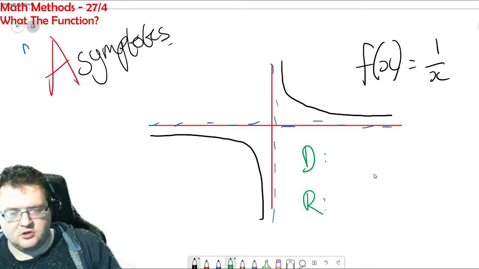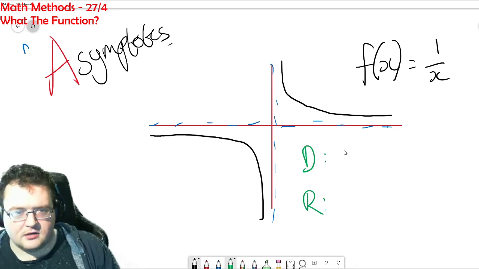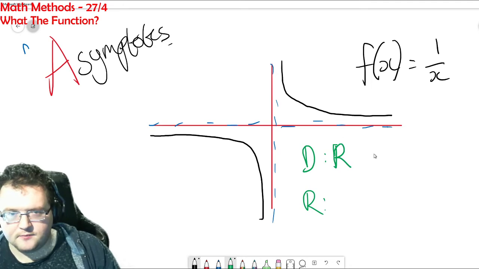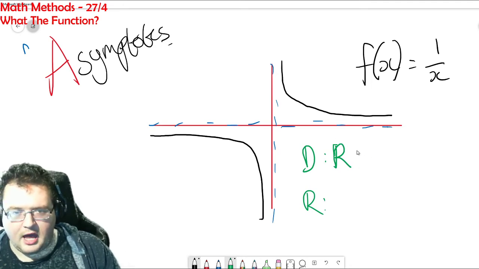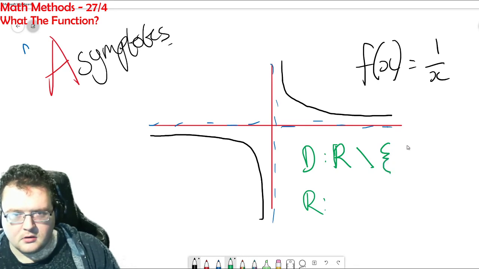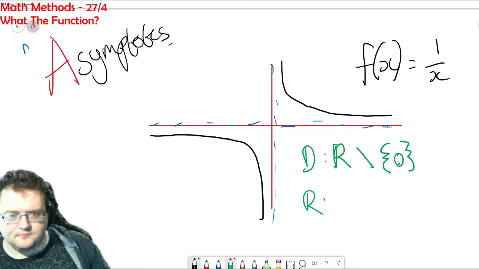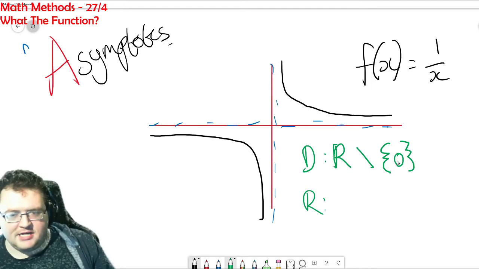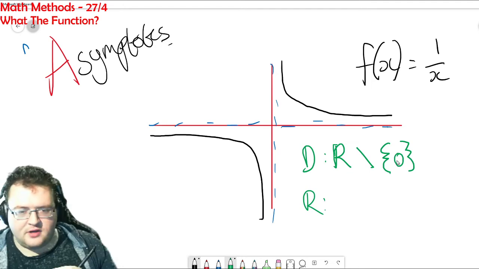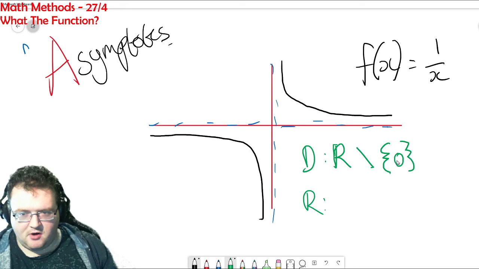Going back to using our previous term, all real numbers with the double backbone, however, except a number that goes in there. So my domain is all real numbers except 0.